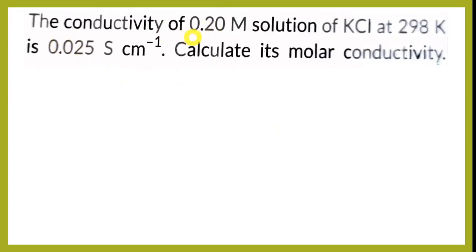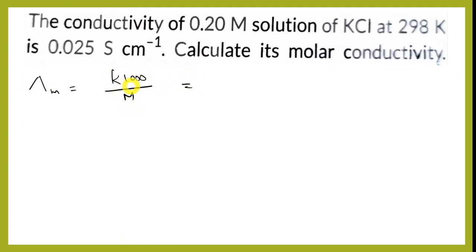The conductivity of a 0.2 M solution of KCl at 298 Kelvin is 0.025 Siemens per centimeter. Calculate its molar conductivity. So let us write the formula for molar conductivity, that is equal to kappa into 1000 by M or C, the concentration.